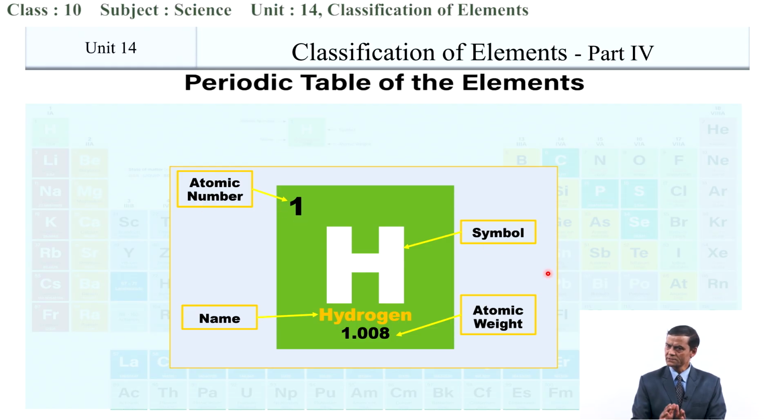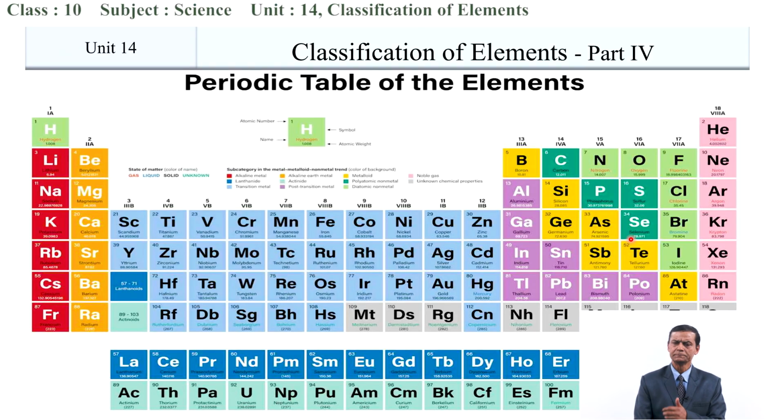If you study the periodic table, you have to know these facts. What are the different pieces of information about the elements? Try to understand with the help of this one example.